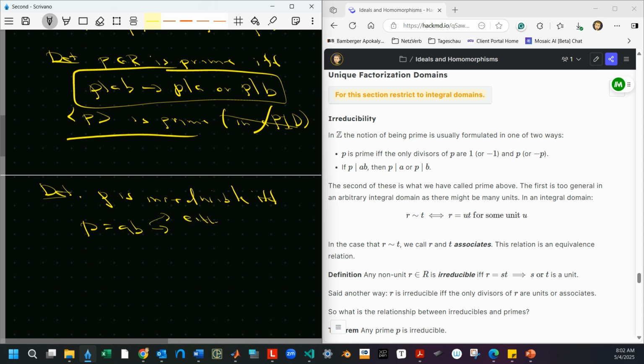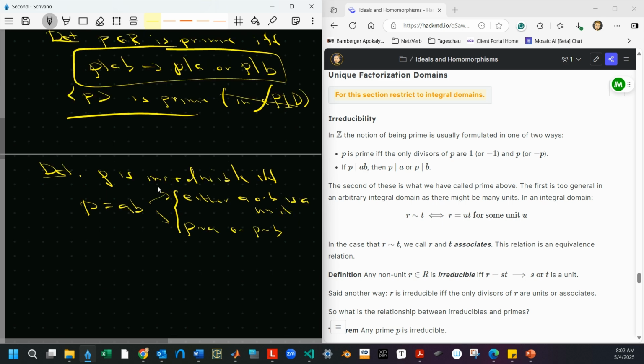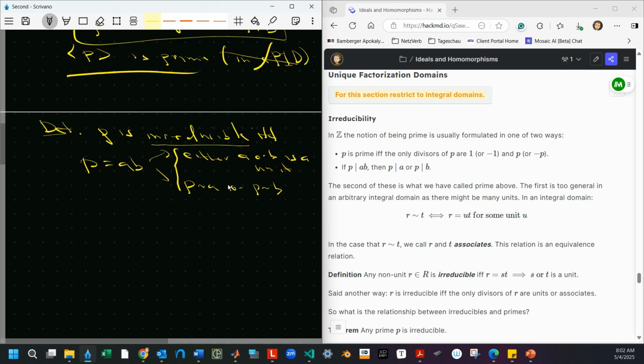Either A or B is a unit. Now, before we just said 1, right? But in Z, the only units are plus or minus 1. So I should have said plus or minus 1. Or the other option is that P is an associate of A or P is an associate of B. Remember, that just means that this is equal to a unit times A. So these two things are saying the same thing. So those are the two definitions we have here.